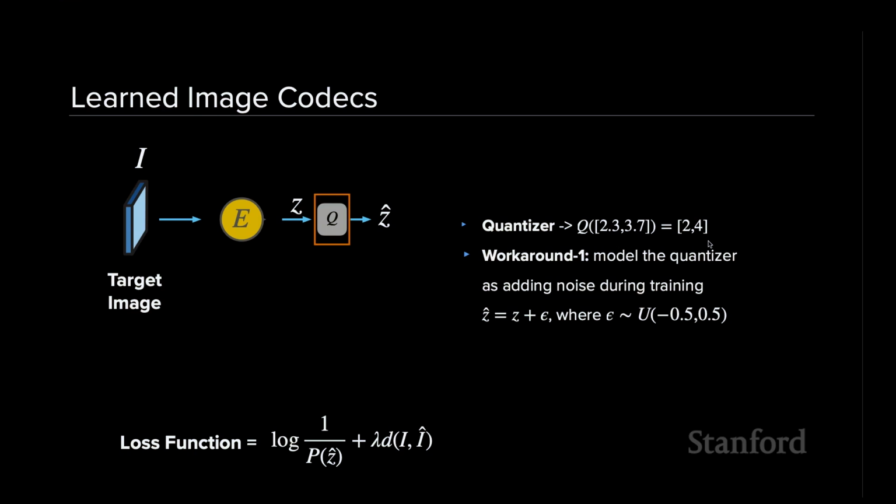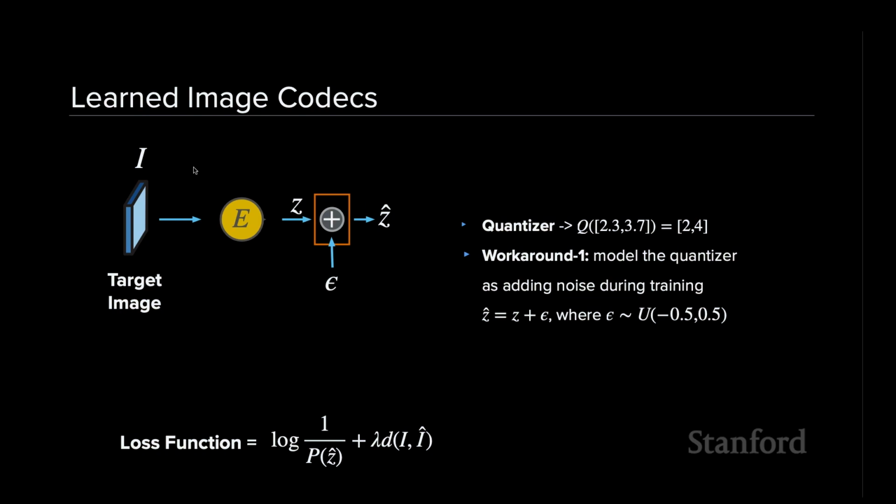Let me just model it as adding a noise which is plus minus 0.5. And now this operation becomes differentiable, right? What that basically means is when you are differentiating through this, your d of z hat is going to be d of z. So you have something called a straight through estimator.